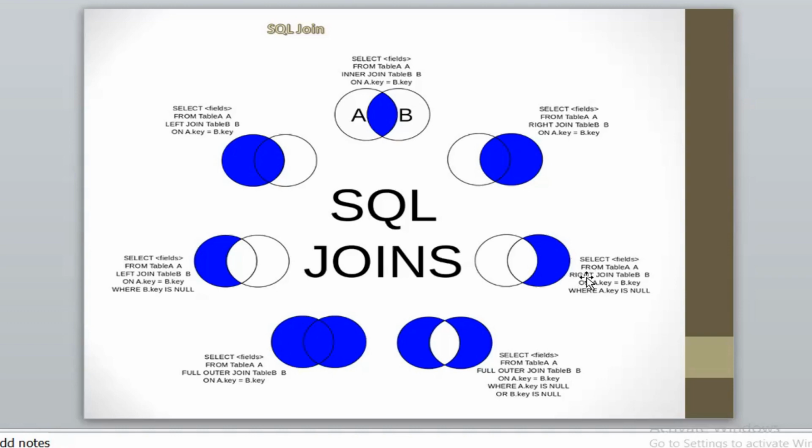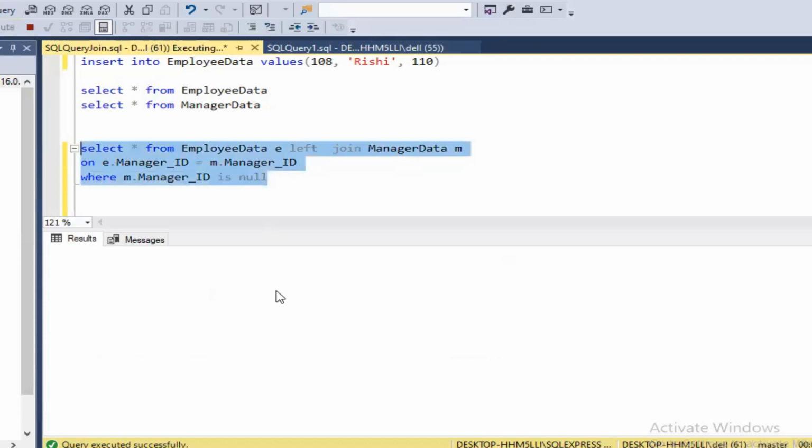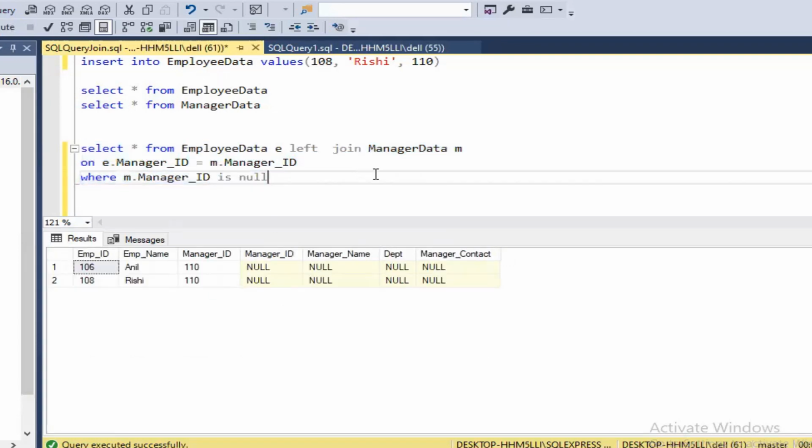So if someone asks you to bring data from the employee data for which there is no relation, no manager, nothing available related to employee data, that means we need to map manager. Understood?